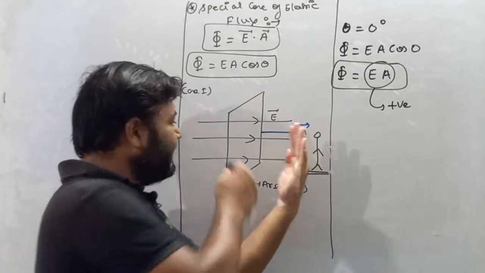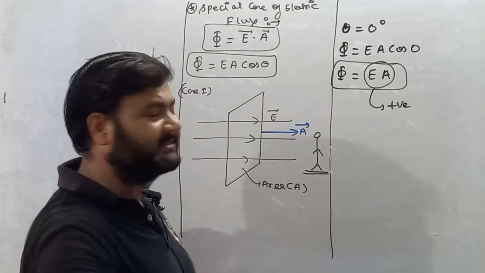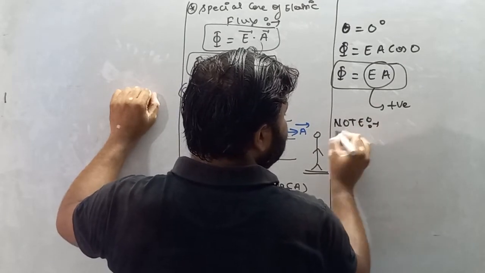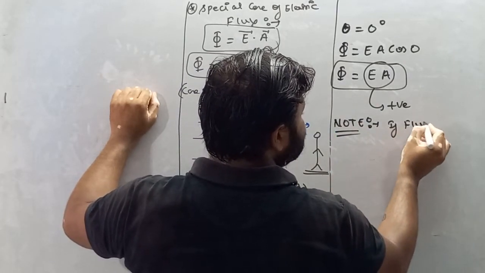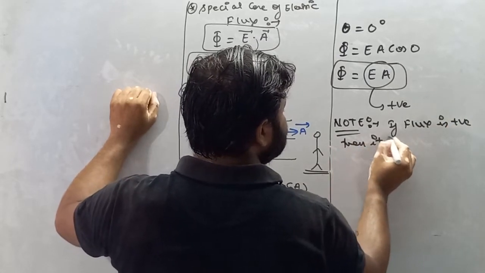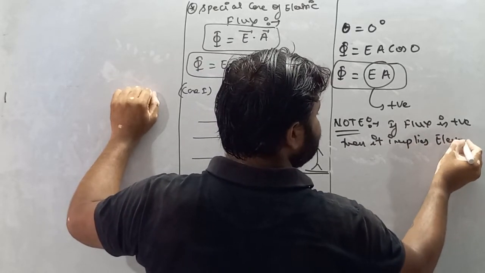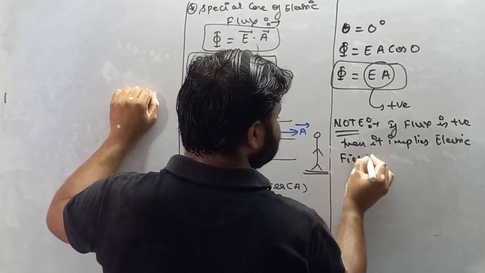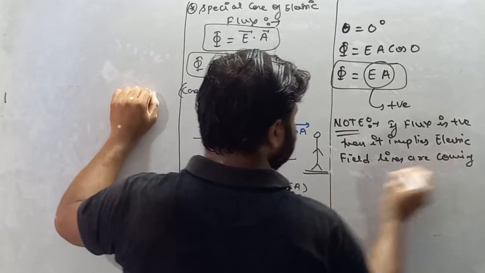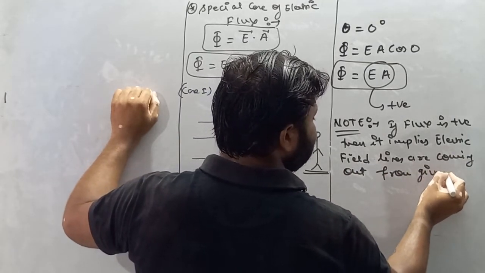You feel that electric field comes out from the area. So remember this thing, my dear student. I'll write in form of note that if flux is positive, then it implies electric field lines are coming out from given area.